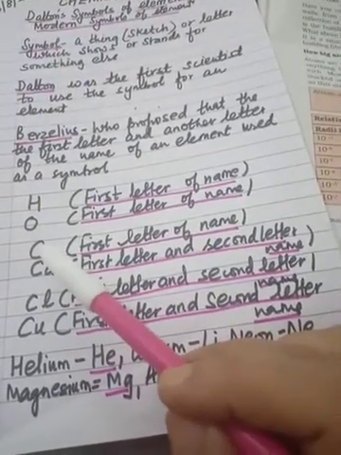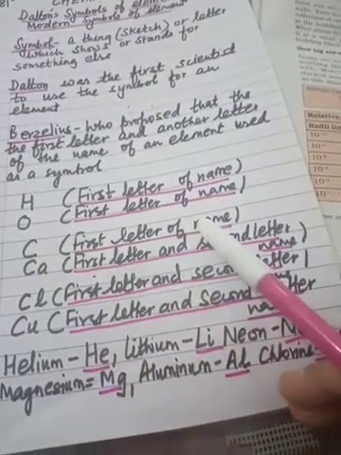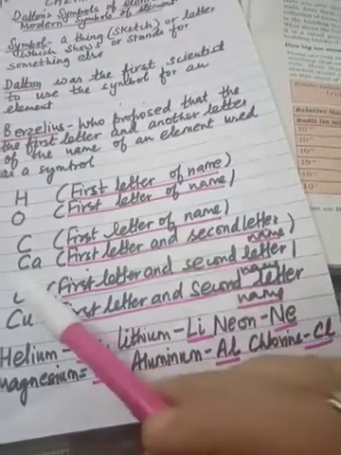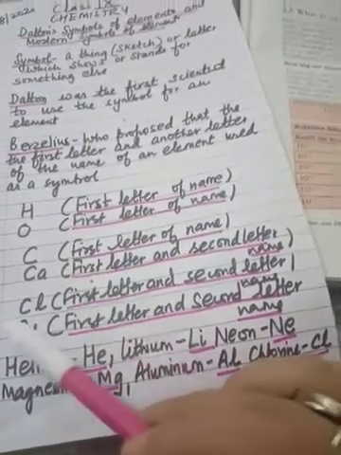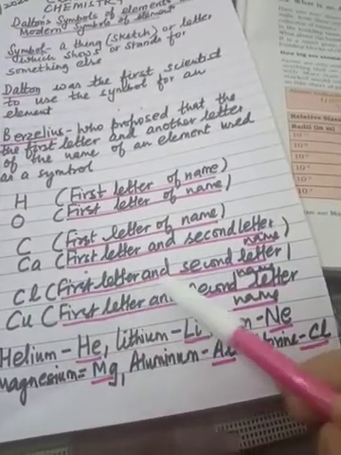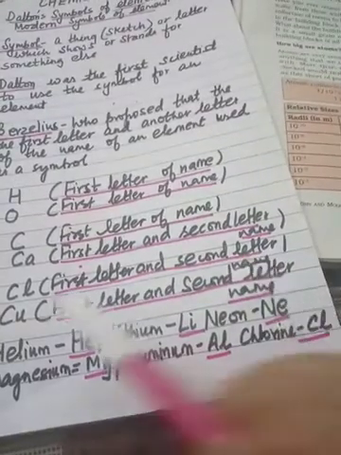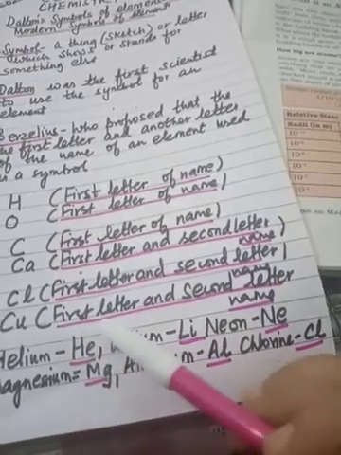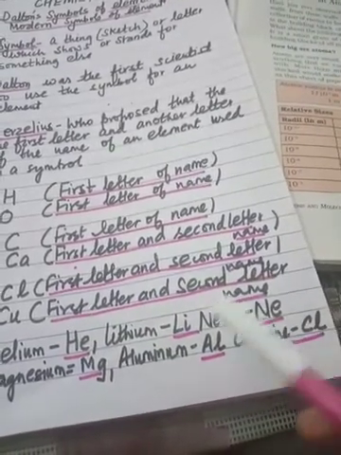Carbon is one letter, the first letter of the name. Calcium is the first letter and a second letter, that is Ca. Chlorine is the first letter and a second letter, that is Cl. Cu, the first letter and a second letter, is copper.